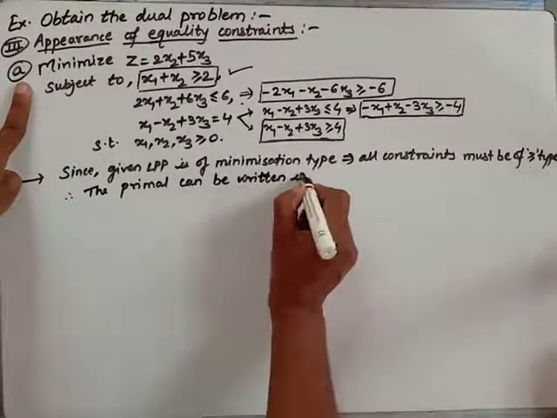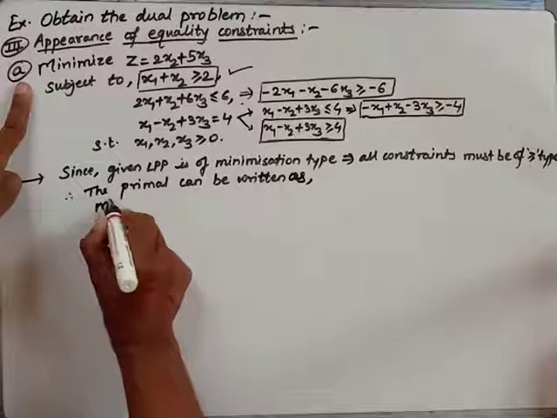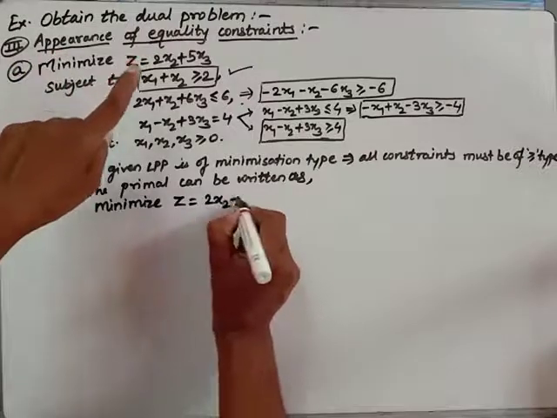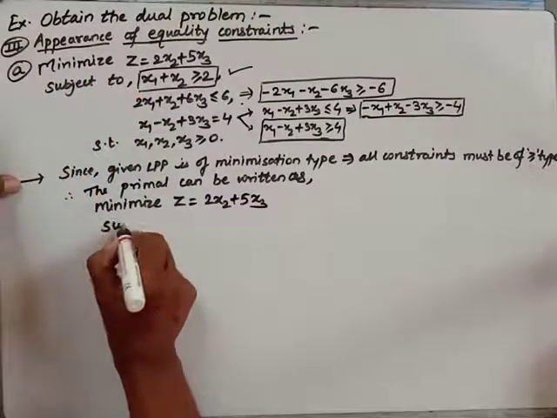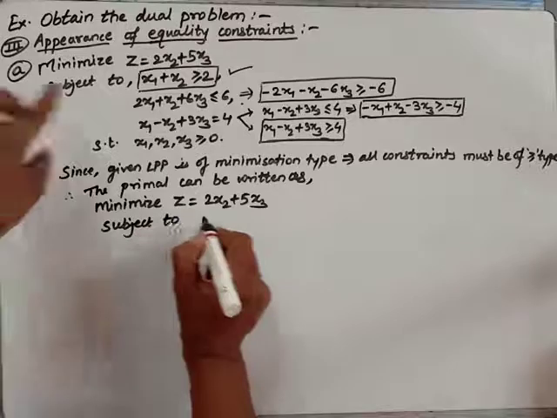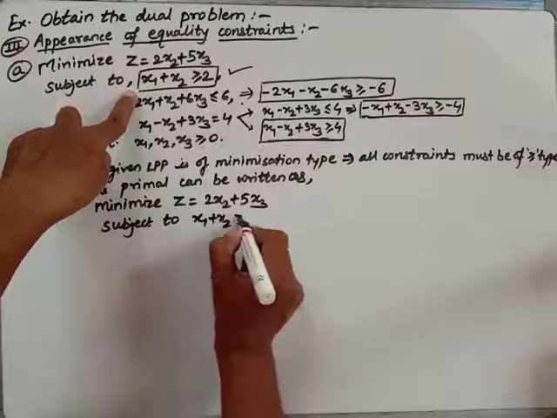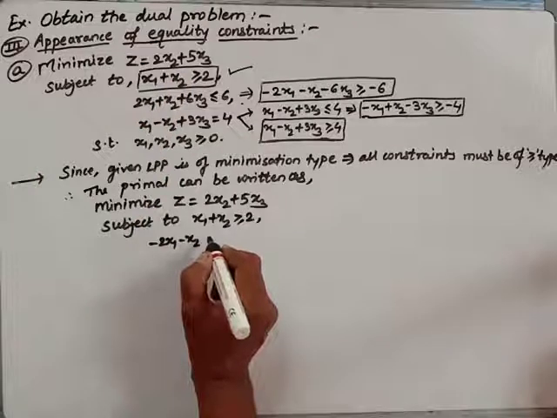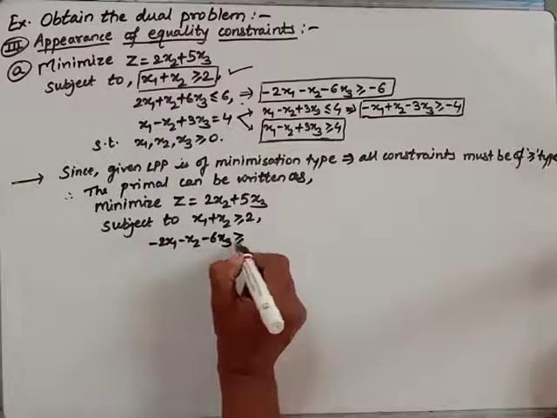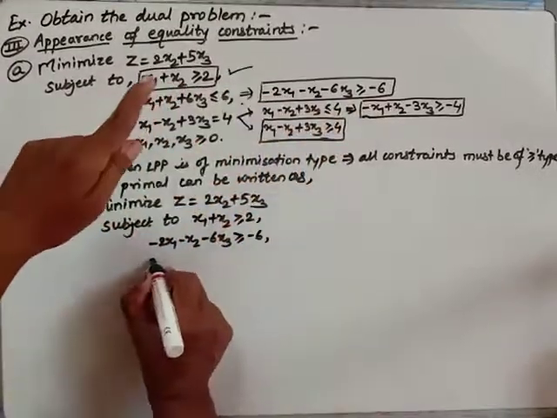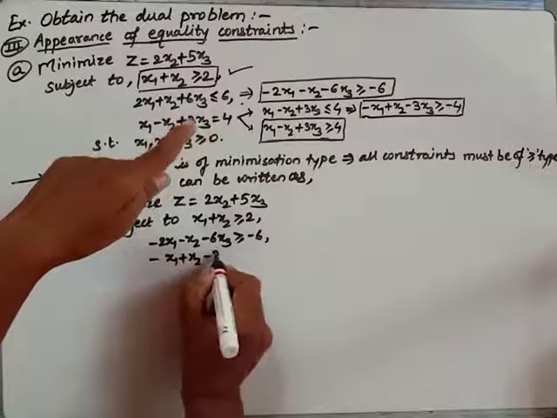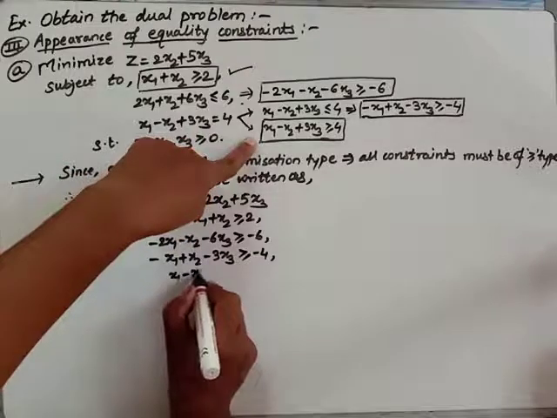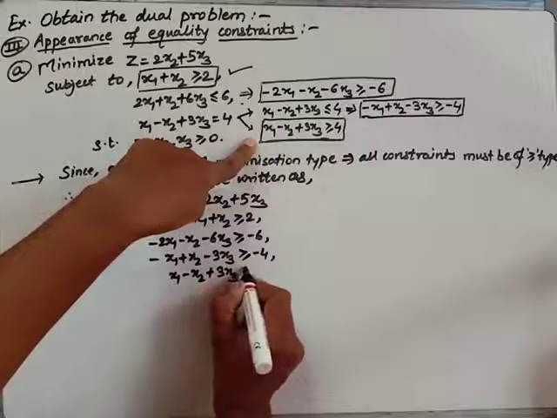We will simply write it as: minimize z equal to, this objective function will be the same, 2x2 plus 5x3 subject to, the same, x1 plus x2 greater equal 2, then minus 2x1 minus x2 minus 6x3 greater equal minus 6, then this constraint minus x1 plus x2 minus 3x3 greater equal minus 4, and then the next one x1 minus x2 plus 3x3 greater equal 4.